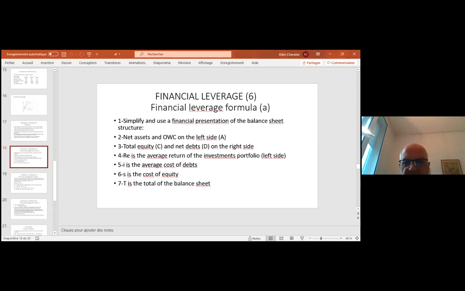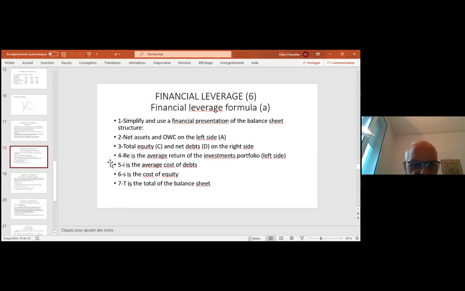And you understand that this return has something to do with the operations. 5, I is supposed to be the average cost of debt. We already know that. 6, S is the cost of equity. And 7, T is the total of the balance sheet.